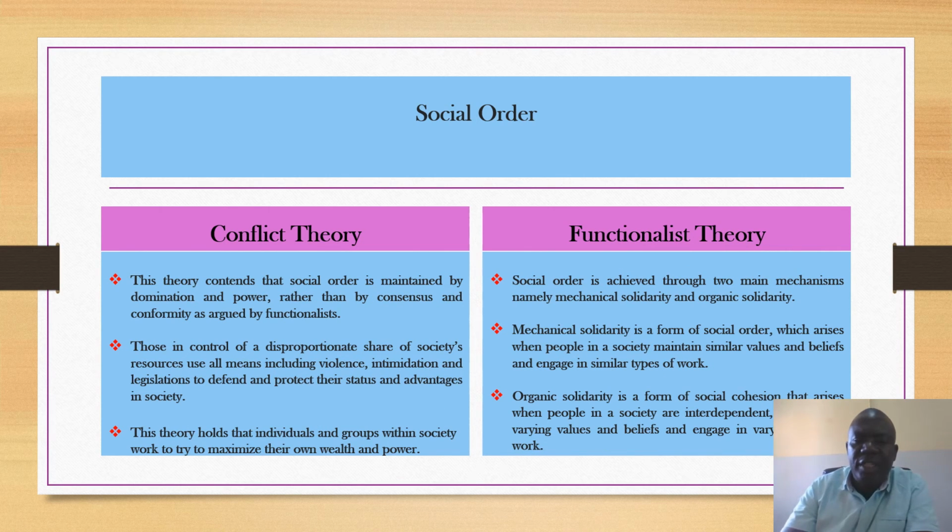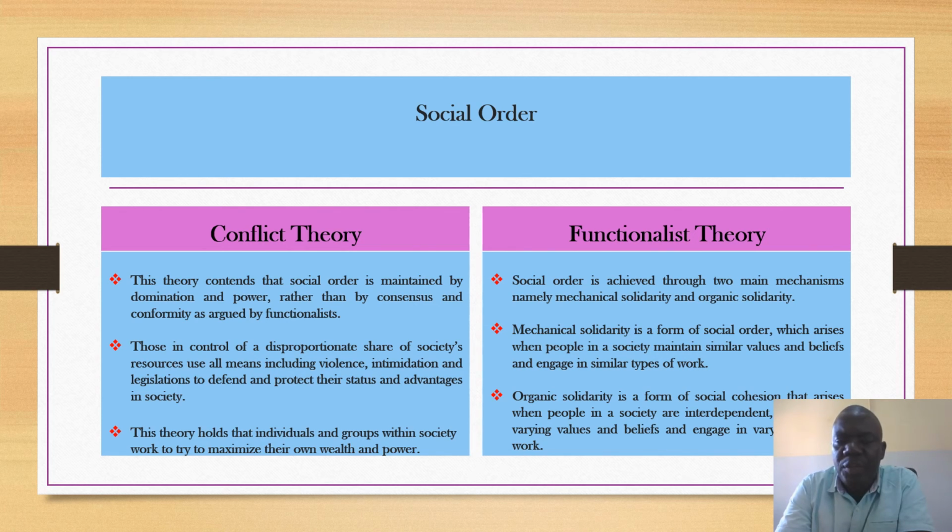The other issue is with regard to how law and order is maintained in society. How is society ordered? How are rules executed? Who is responsible? What methodology does a society employ to ensure that there is cohesion, there is understanding, and there is unity?